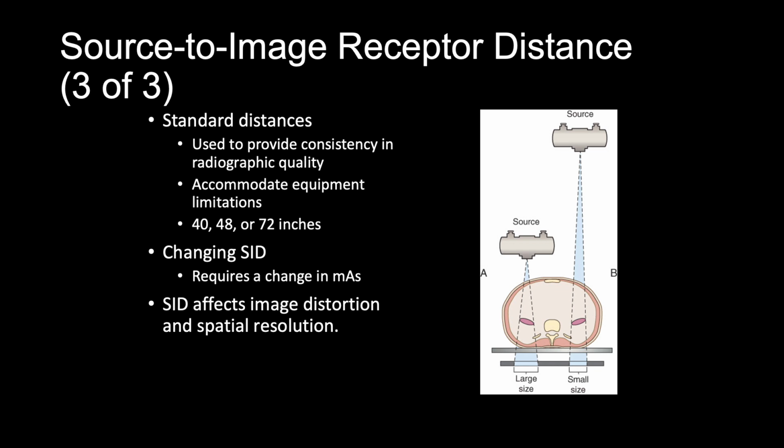In figure B, we have a very long SID, so it will decrease the magnification and give us more of a true size of the anatomy. This is very important for chest x-rays. We always do chest x-rays at 72 inches because we are trying to decrease the magnification of the heart.